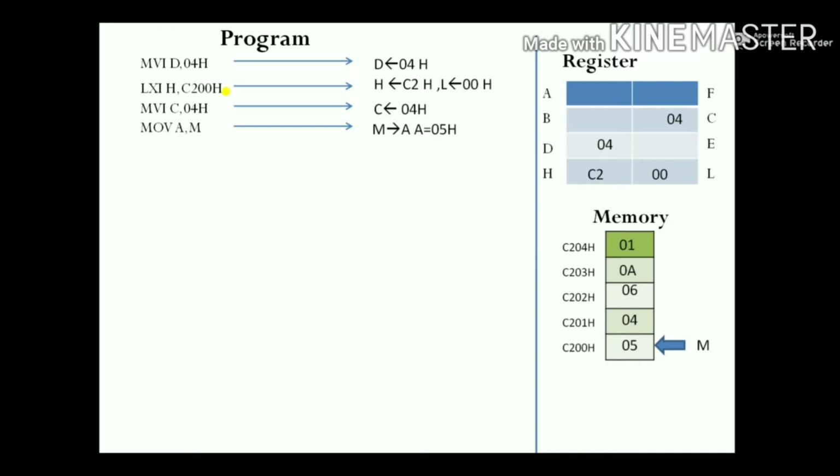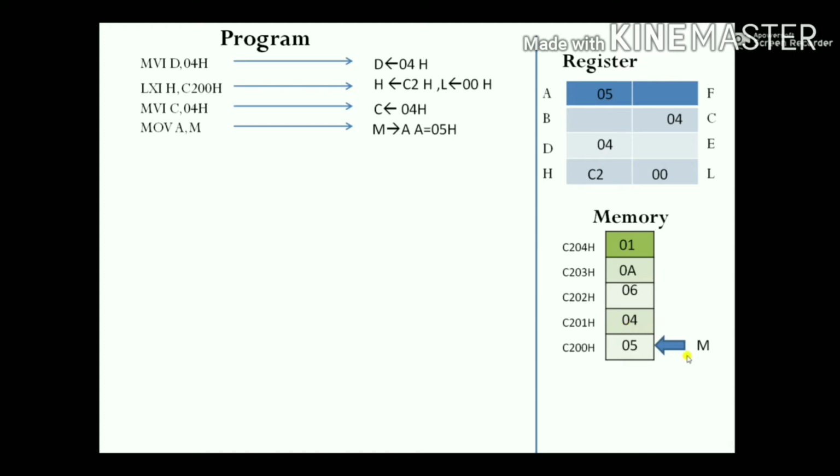So the accumulator is now having the data 05, because memory has data 05, as you can see here; memory is pointing to the memory location which is having data 05. Now the accumulator is having data 05 and memory is having data 05. After that, we are going to compare this 05 and 04.